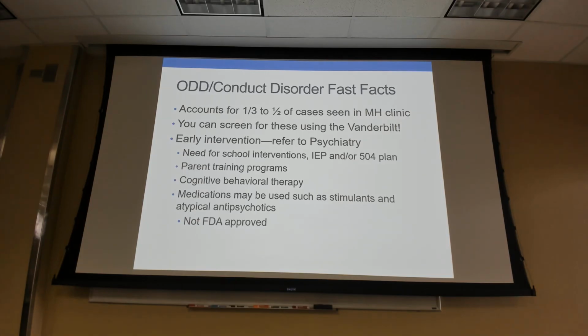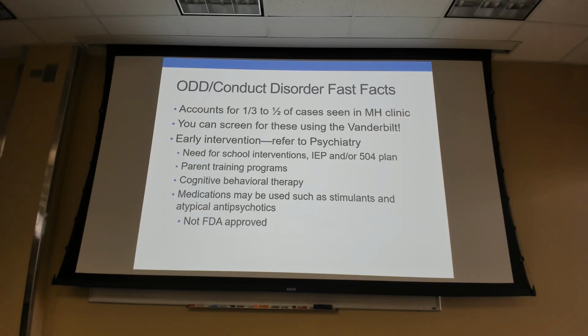So if you're thinking, I'm just gonna send all my ADHD and all of my autism off to see PEDS psychiatry, that would be incorrect. So in the typical ADHD realm, in the typical school environment where they need some different educational help, that is going to be on you as the primary care PA. These cases where you really think that it is oppositional defiant or conduct disorder are going to go over to PEDS psychiatry.